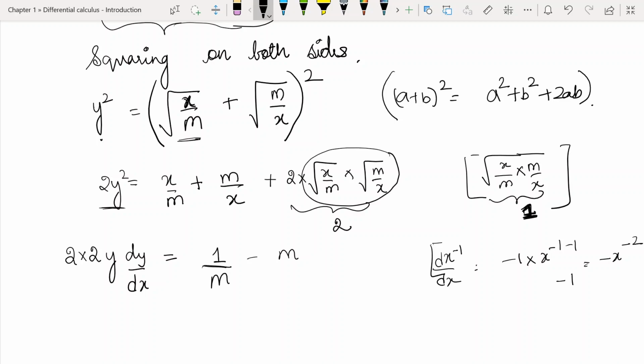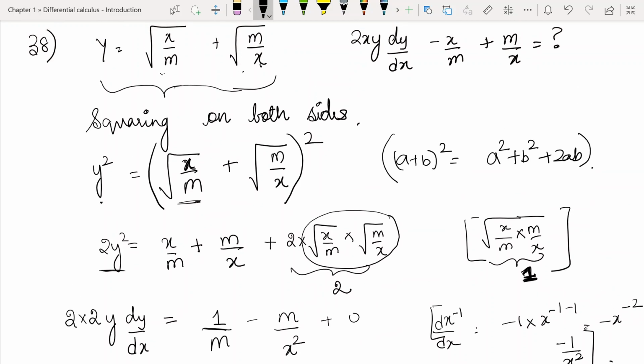So that is minus 1 by x square. This is the differentiation of x power minus 1. So m by x square. So this is what we have. Differentiation of 2 is 0. Okay. Now please go back and look at what we need. This is what we need. Now you see that we have a dy by dx on the left hand side.